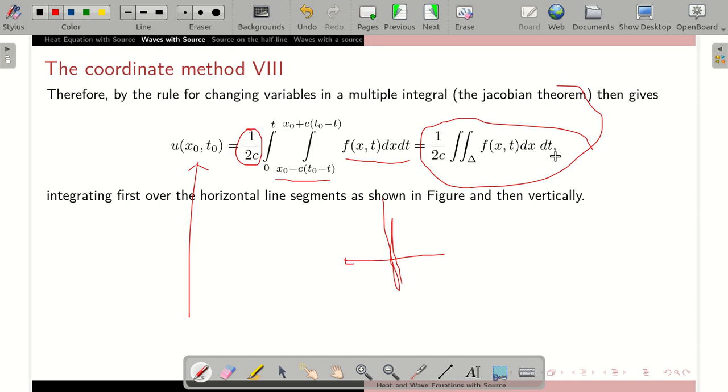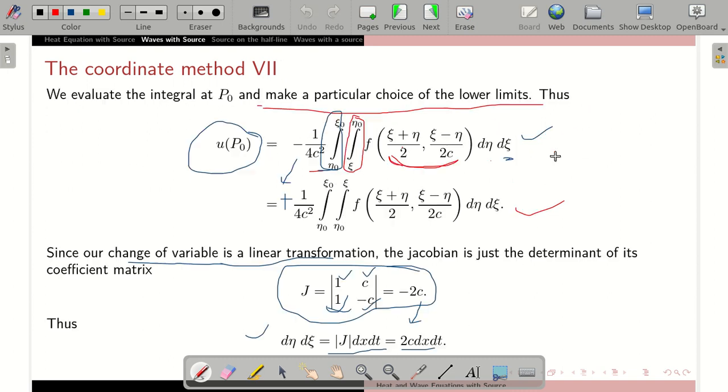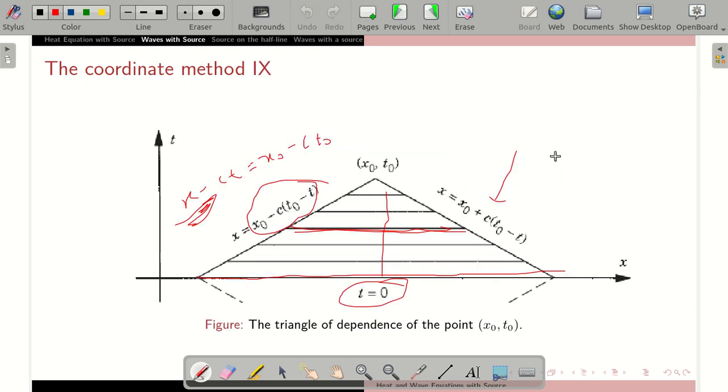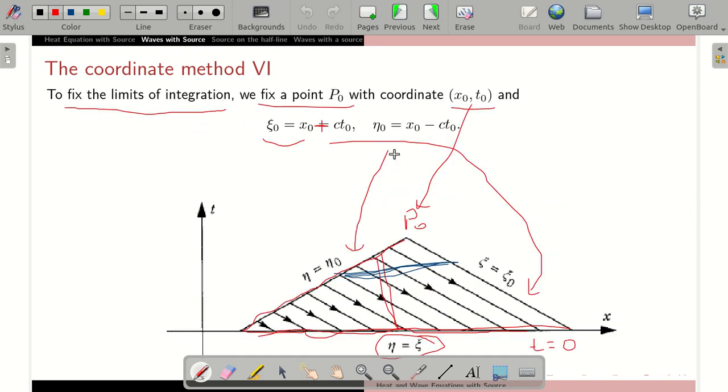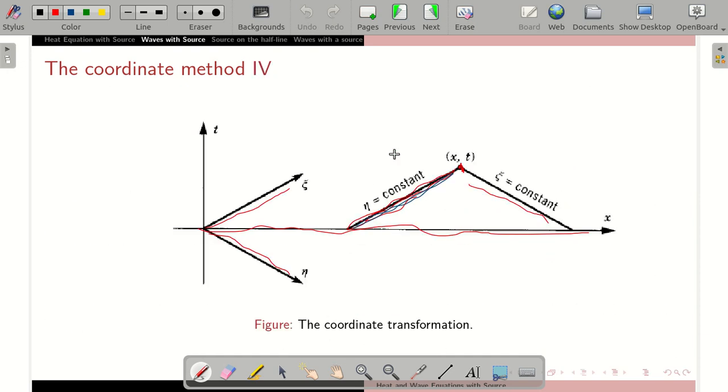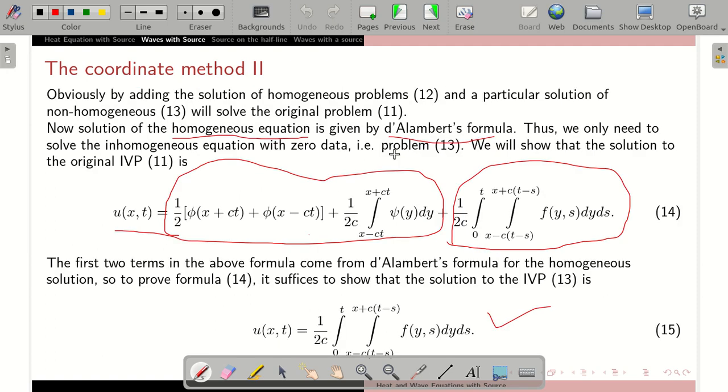To write the general value, you replace the point x0, t0 with the variable point x, t, and that was the expected solution. I'll show you again what we wanted to expect, this formula 15.